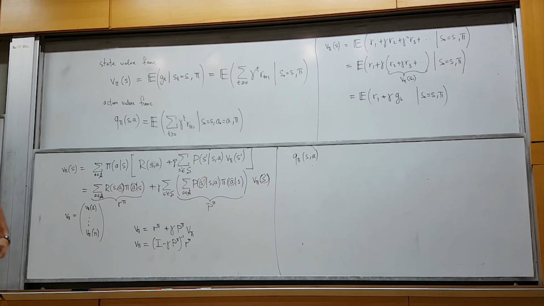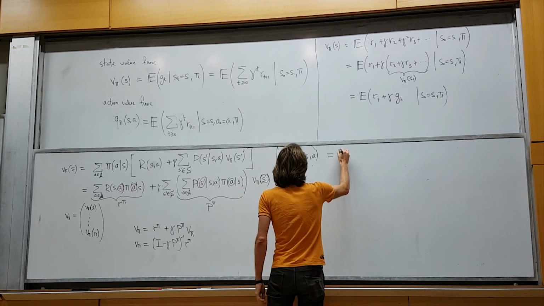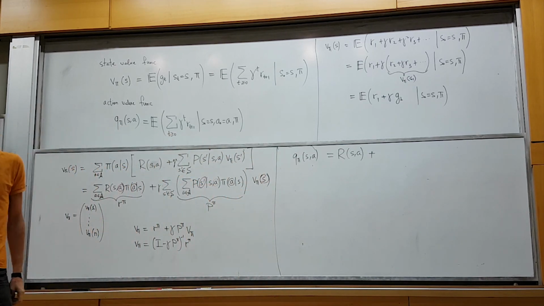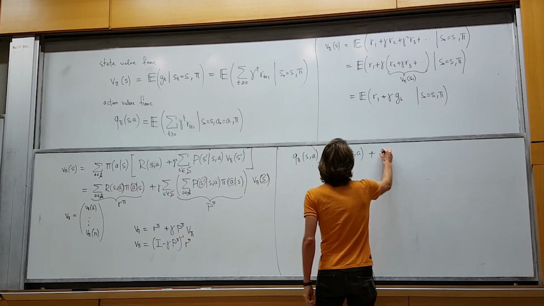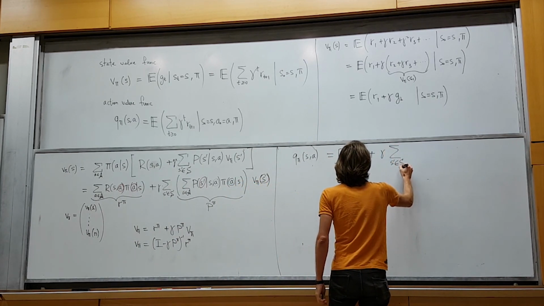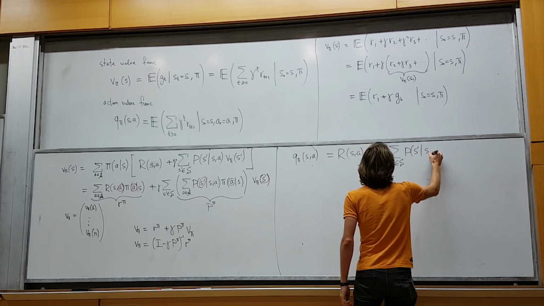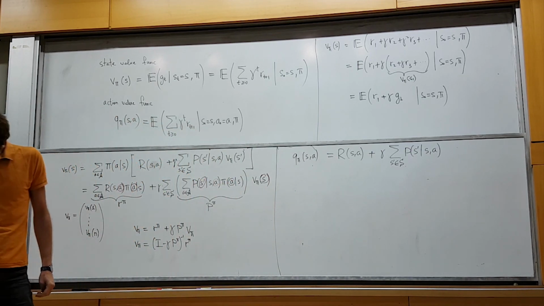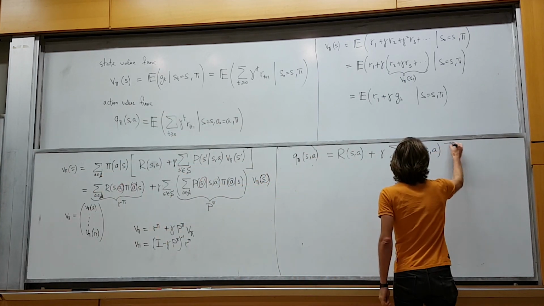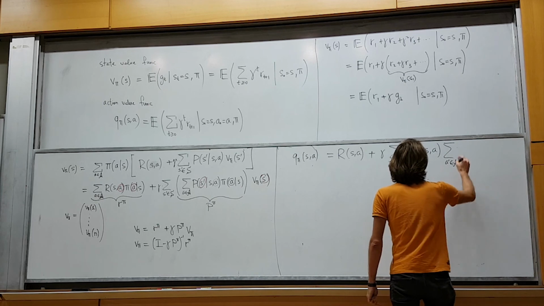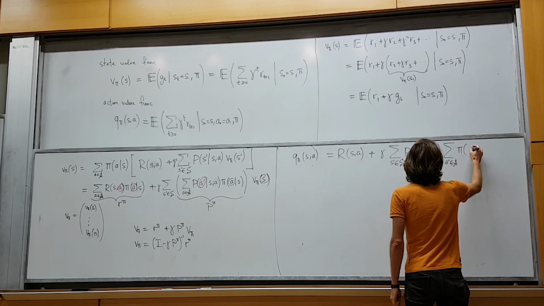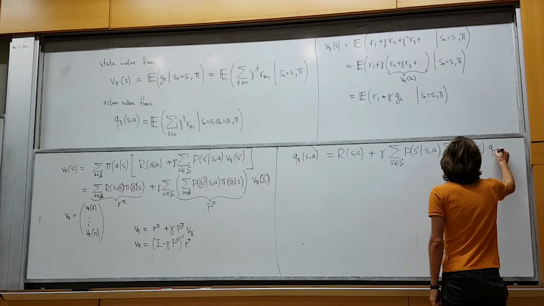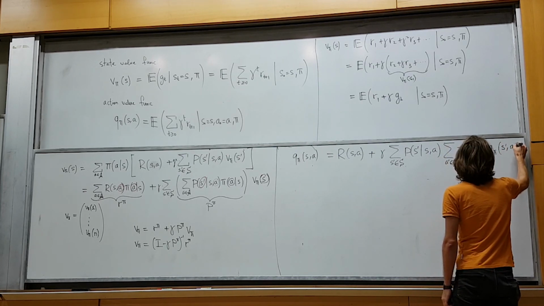It will be given by, again, the instantaneous reward R(S, A) plus gamma times the sum over S prime of P(S prime given S, A) times the sum over the next actions A prime of pi(A prime given S prime) times Q pi of S prime, A prime.